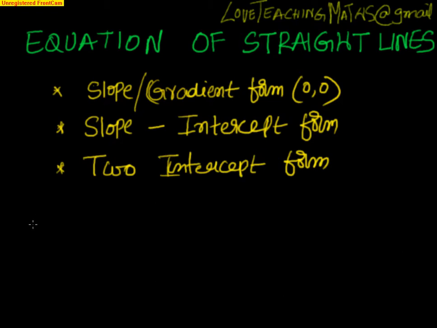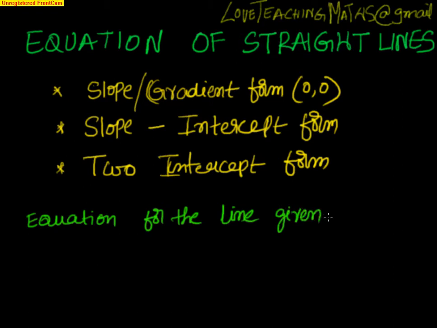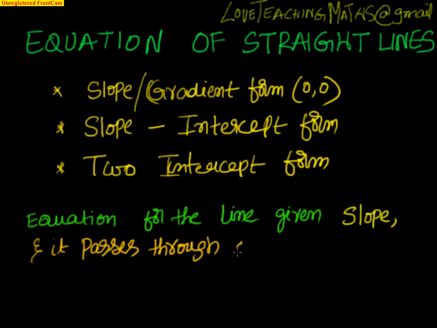We have to find the equation for the line given slope and also that it passes through origin. The line passes through origin.